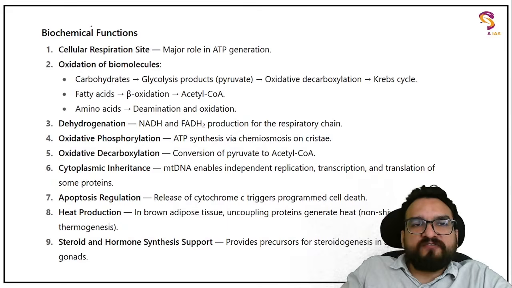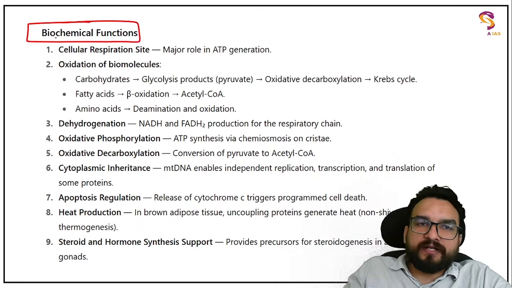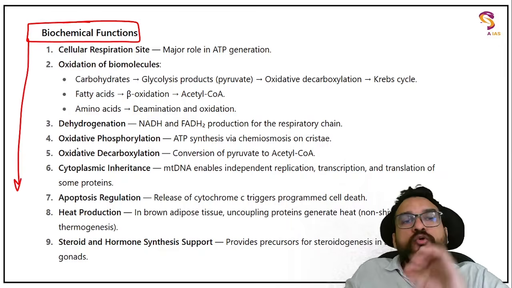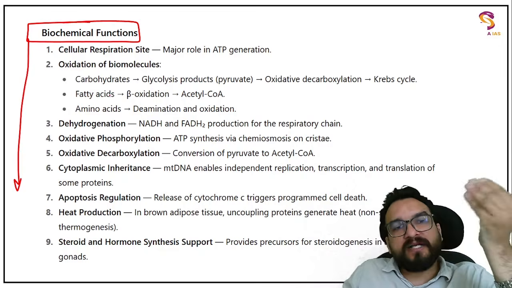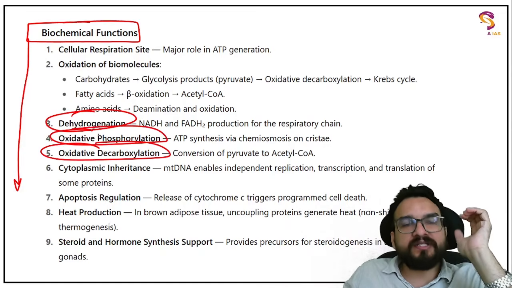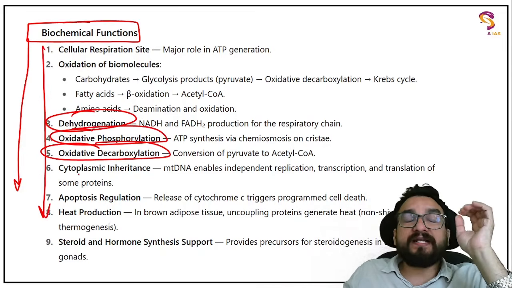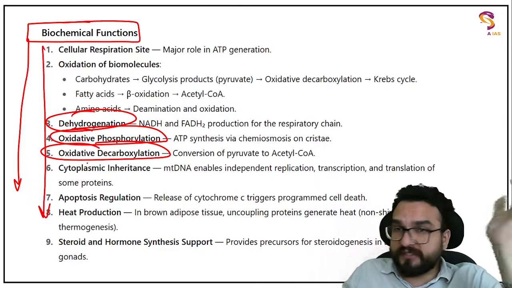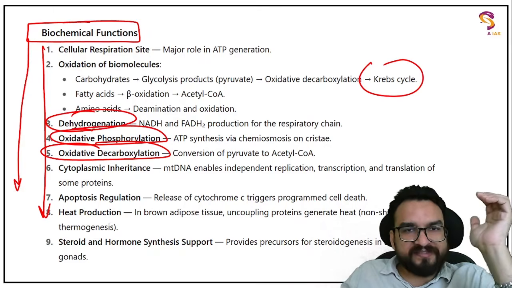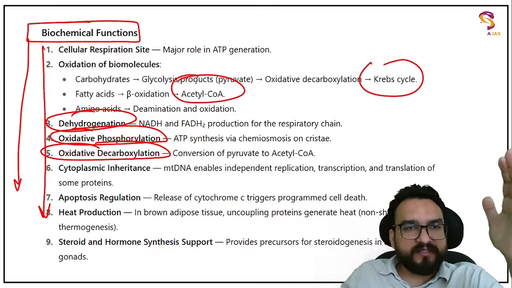Now see the functions of mitochondria, guys. Again, just read it right now. No need to understand what is meant by dehydrogenation, oxidative phosphorylation, decarboxylation. These we will understand in detail in the subsequent units. Don't worry about the Krebs cycle, C3 cycle, C2 cycle, acetyl coenzyme. Everything we will understand.